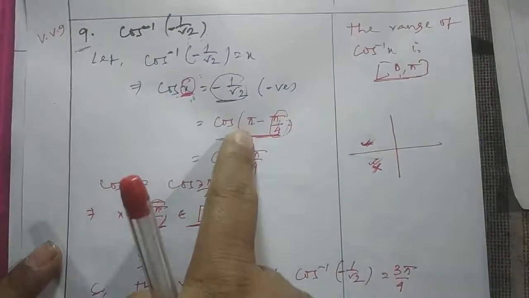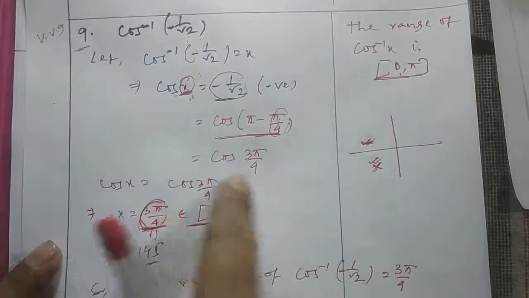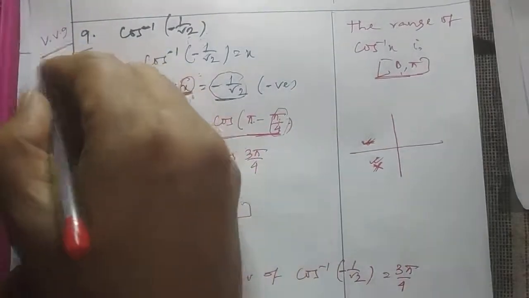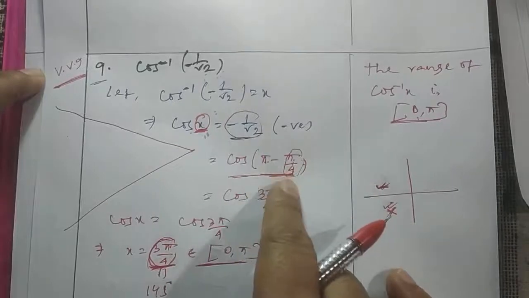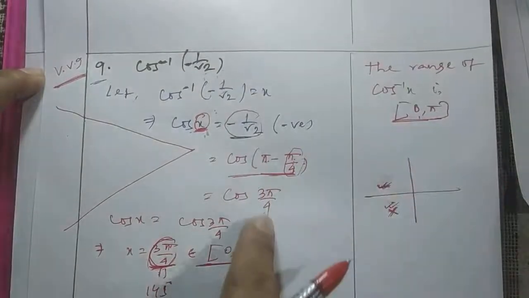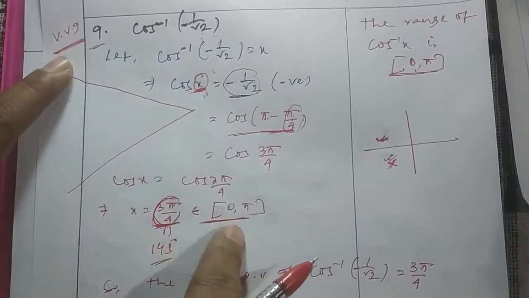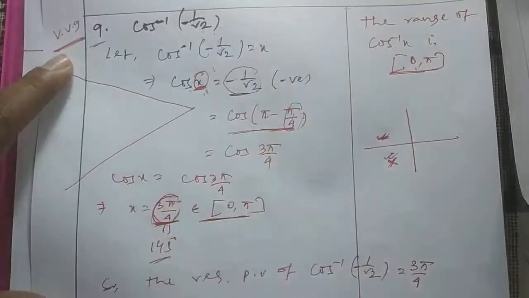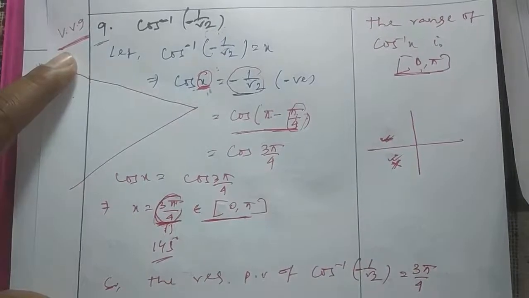We have modified the angle to fall in the given range, and ultimately we got 3 pi by 4. Yes, it belongs to the range, also maintaining the sign. That's why I told you this question is a little bit different from every other ITF, and for these questions you need practice.